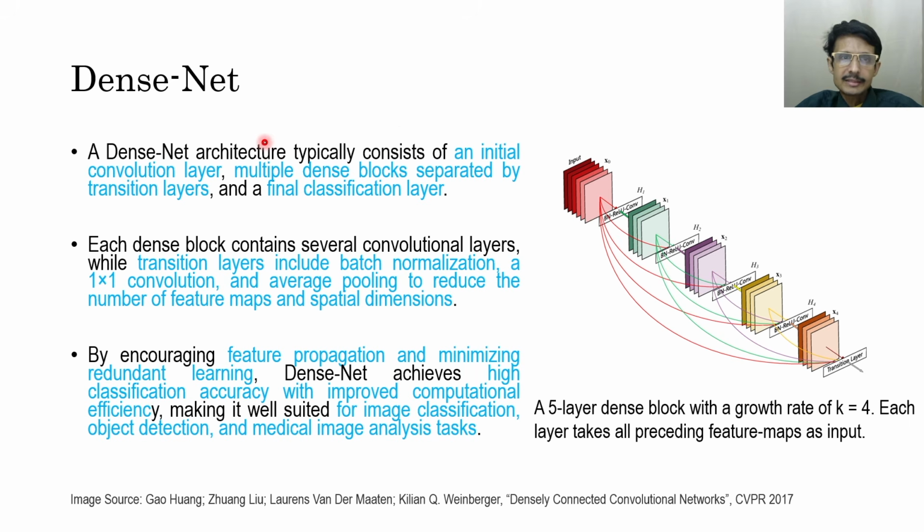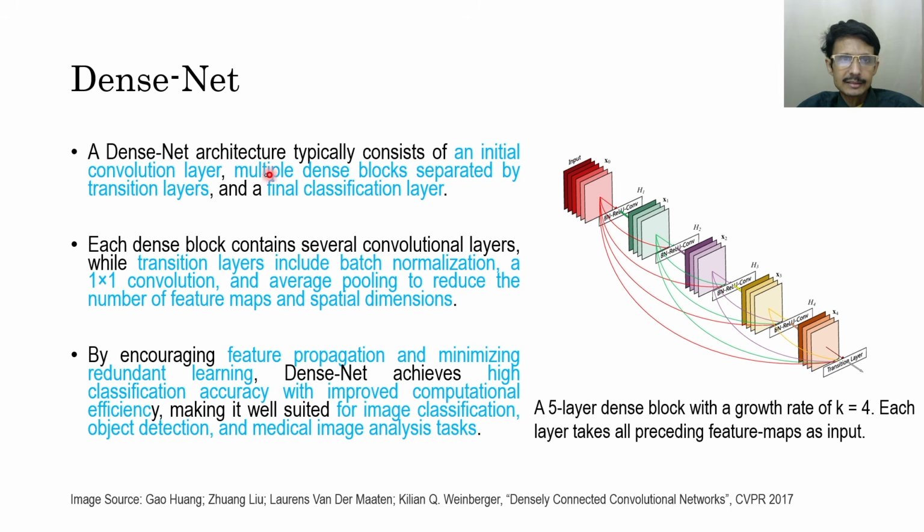Now this DenseNet architecture typically consists of an initial convolution layer, which you can see here, multiple dense blocks separated by transition layers like this one, and a final classification layer.